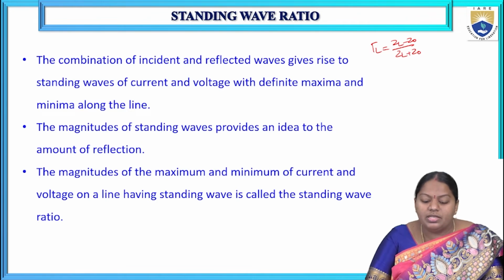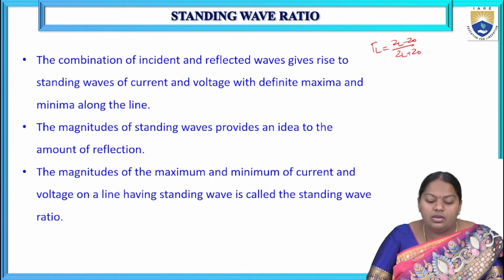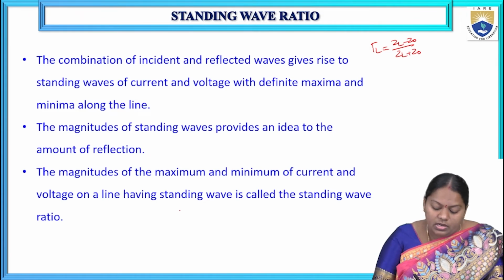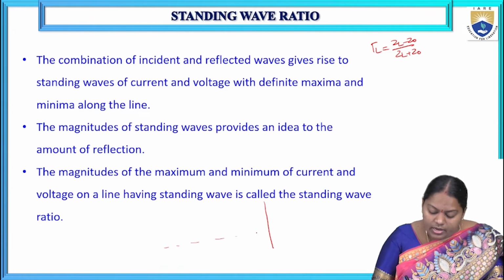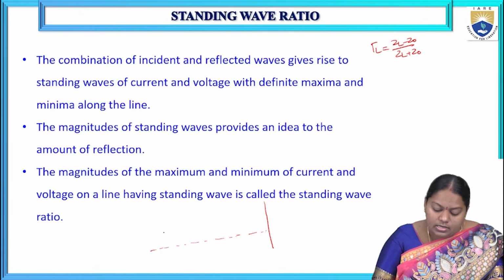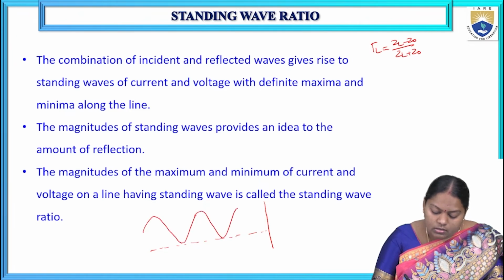The combination of incident and reflected waves gives rise to standing waves of current and voltage with definite maxima and minima along the line. Suppose we consider a transmission line with a load at the end, and the distance is measured from the load.